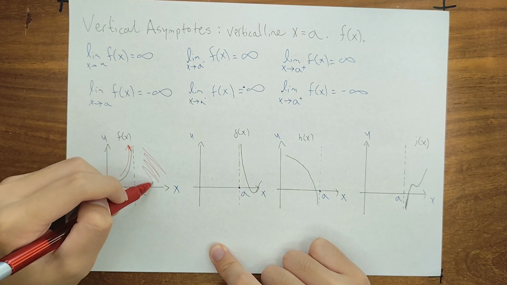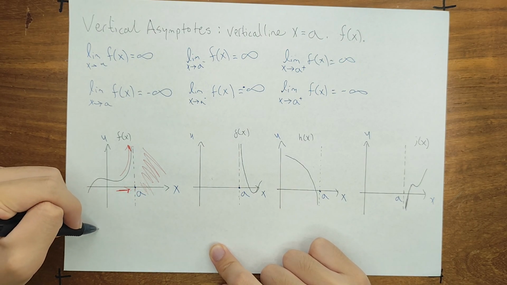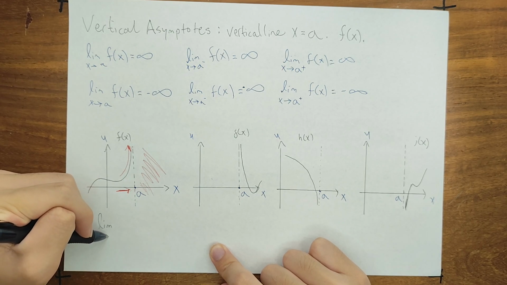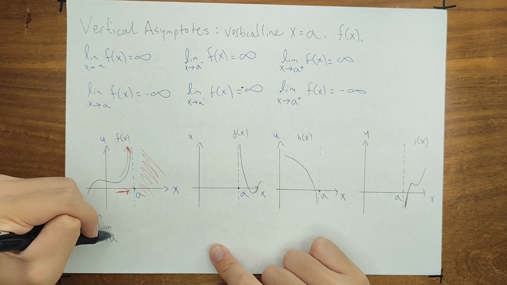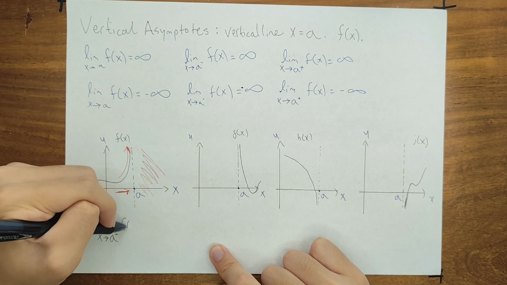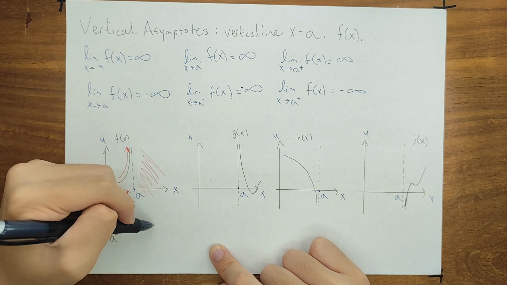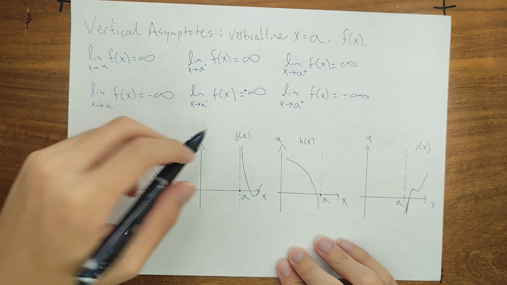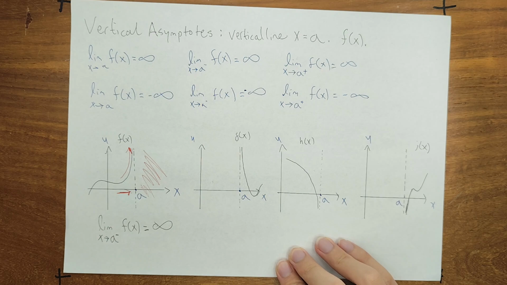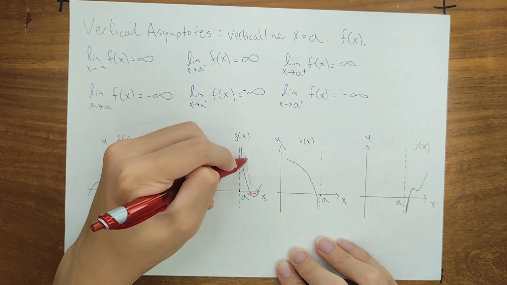You can say that this is the limit as x approaches a from the left-hand side of f(x), so f(x) is approaching infinity. g(x) is also approaching a, but from the right-hand side, and it is also getting very big.